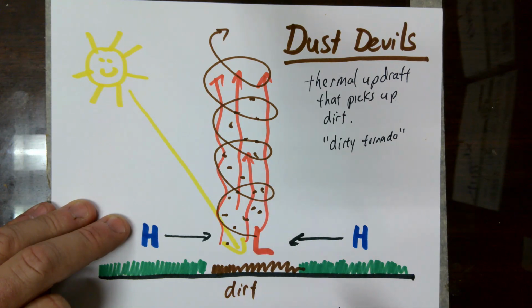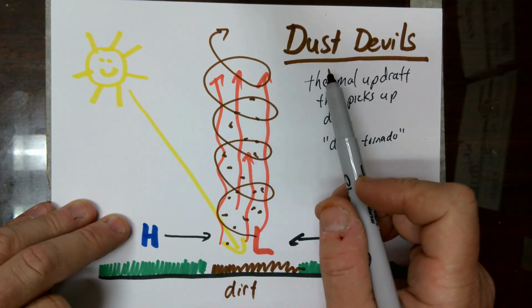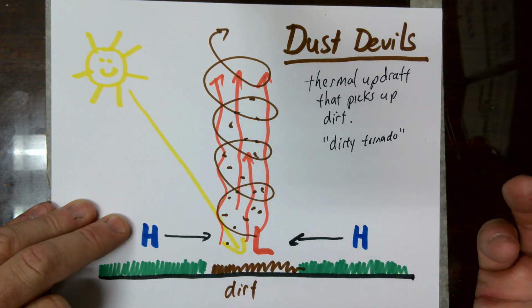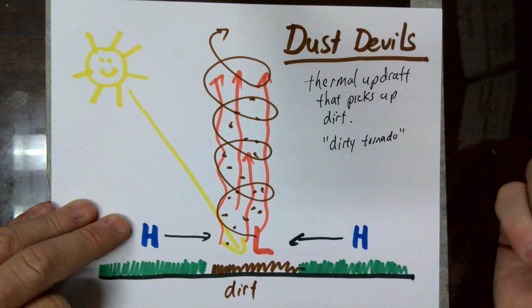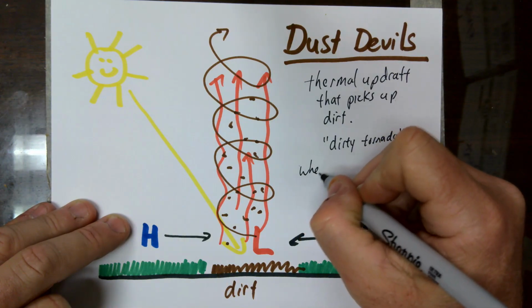You can't see it. Is the air rising over a hot parking lot? Yes, but because it doesn't have any dirt to pick up, it doesn't turn into a dust devil that we can see. When are these things going to happen?